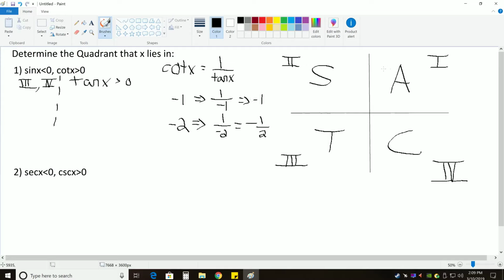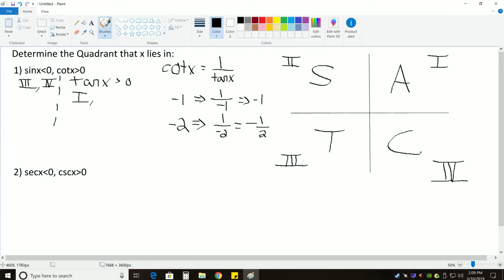So now let's go to our chart to see which ones fit. In quadrant 1, all trig functions are greater than 0. They're positive, which means that fits. Tangent of x will be greater than 0 in quadrant 1. Now, let's check if any other ones will work. In quadrant 2, only sine is positive.